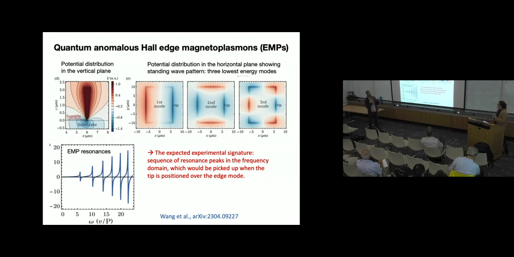The width of the state will actually depend on the sample dimension? Yes, so you expect much higher EMP resonances. I think there's a one over perimeter dependence, so the smaller the sample, the higher the EMP resonance is going to be, and you're going to end up with a much sharper edge profile. So there is a geometry dependence there. But we have a full expression in our manuscript, and I can show you.